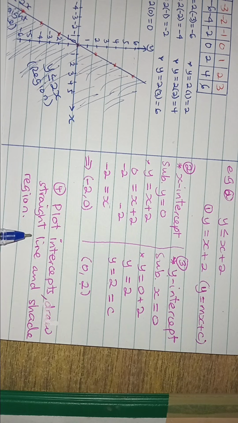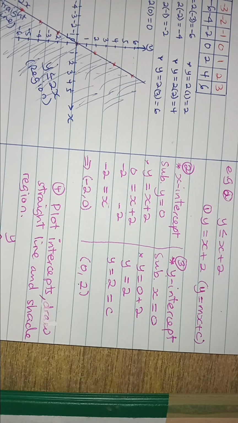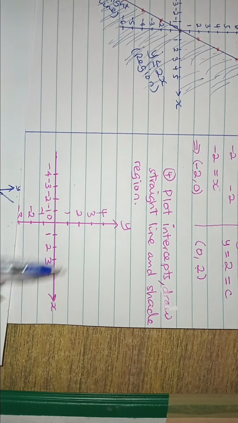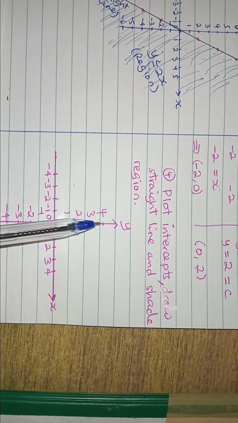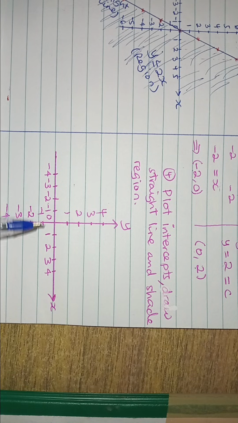The next step says plot the intercepts, draw the straight line, and then shade the region for our inequality. Now I have here the Cartesian plane made up of the x-axis and the y-axis. The scales are already marked on the 2 axes. So let's go ahead and plot the 2 points.